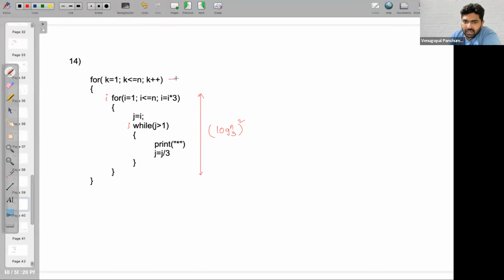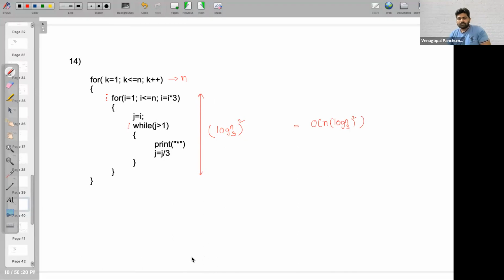This loop is running for n times, if you remember we separated this previously. So what is the final answer? Order of n into log n base 3 whole square. That is the final answer.